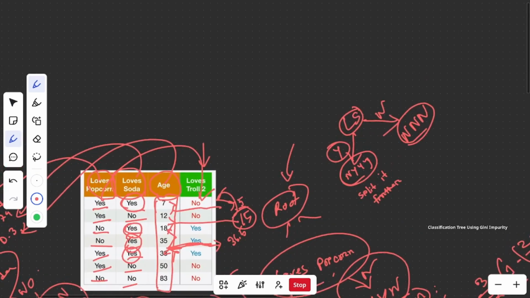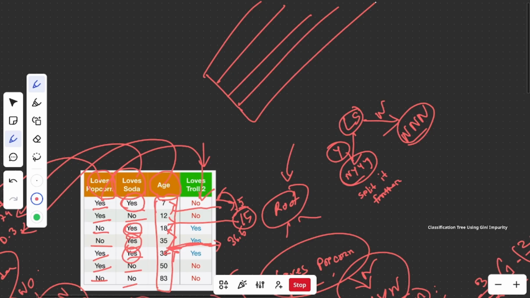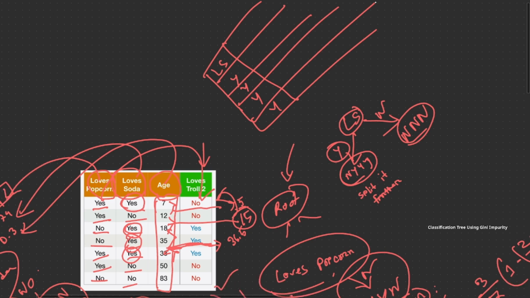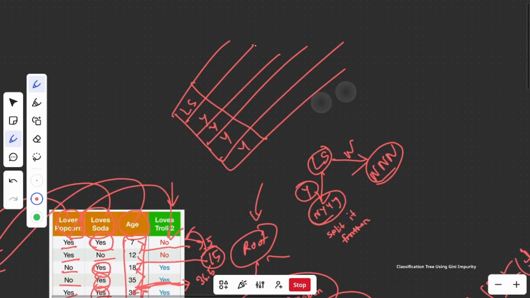The table will contain 4 data. Let's draw the table. Loves soda, yes, and the decision will be the same.